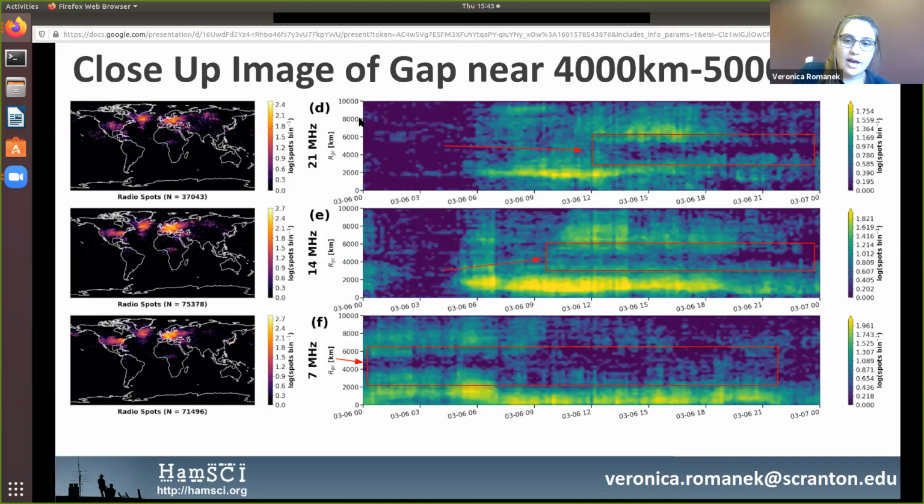On the left side of the figure, you can see it is labeled 20,000, 40,000, etc. These are the distances between the transmitter and the receiver. And you can see that in each of these images around 4,000 kilometers, horizontally, there's a gap that occurs on various different bands. This is just one example from one day, but this is in practically every graph, in all of the data that I've been looking at.